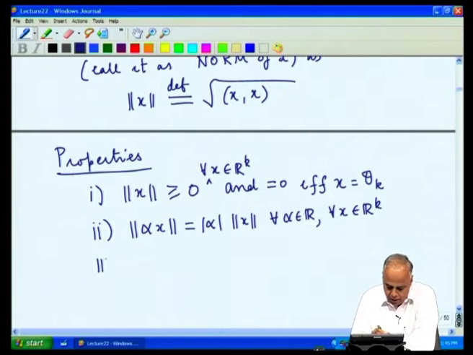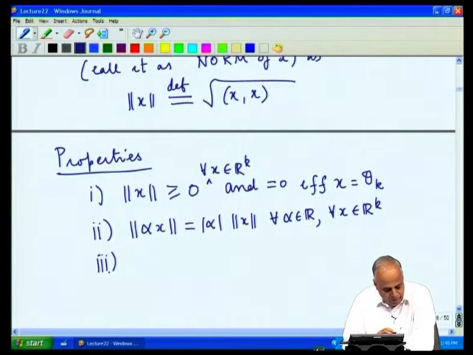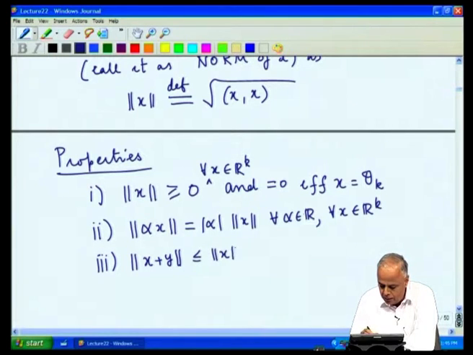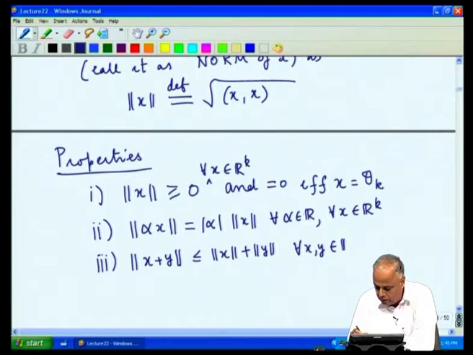And the third is the effect of this notion of length on the basic operation of addition. The norm of x plus y is less than or equal to the norm of x plus the norm of y, for every x, y in R k.